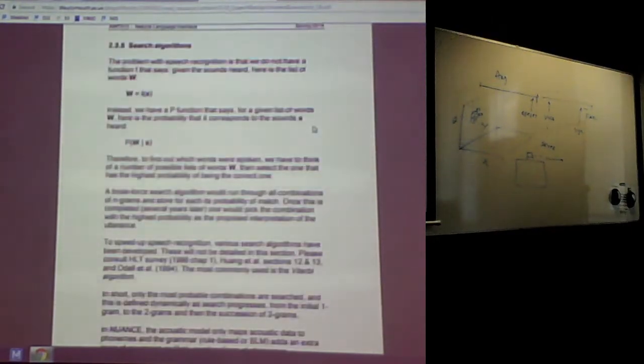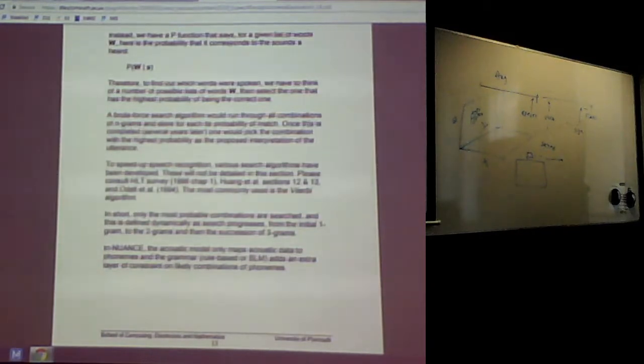And there are smart things, and again they beat me in terms of smartness. Something which comes up often is called the Viterbi algorithm.